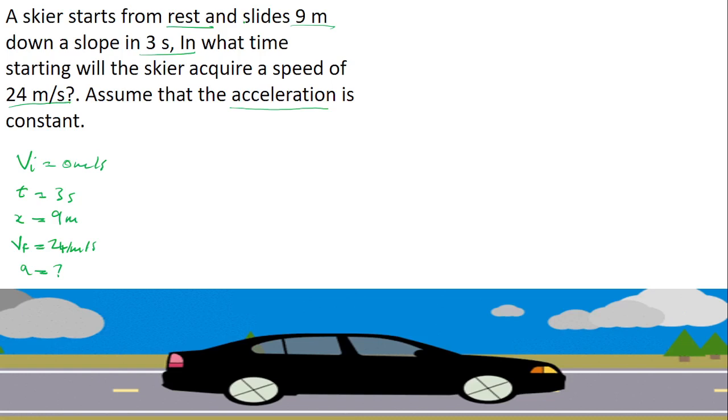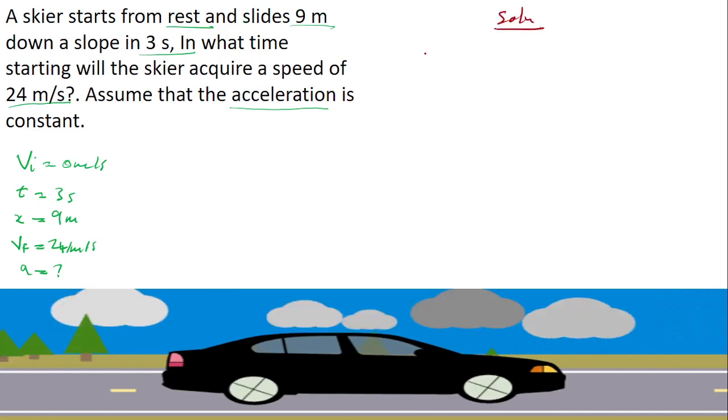So I'm going to write the solution there. Like I have stated, let's find the acceleration in the first 3 seconds. From the data we have been given, this skier has started from rest, which means the initial velocity is 0. We also have the distance, which is 9 meters, and lastly the time, which is 3 seconds.